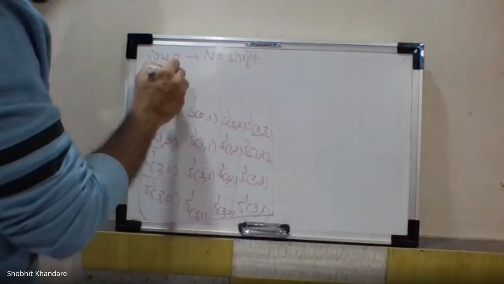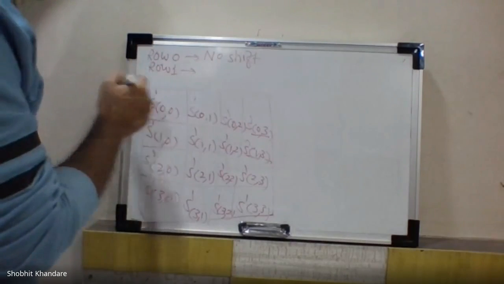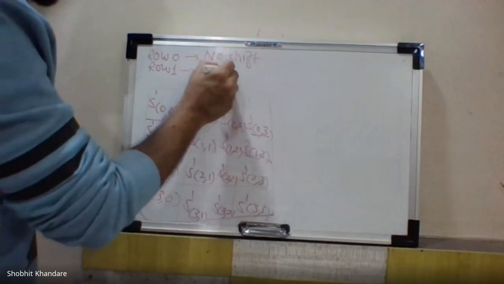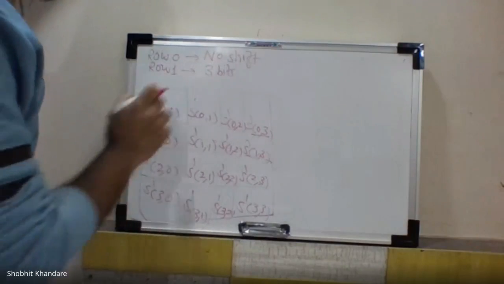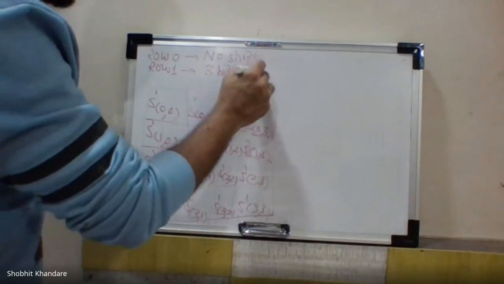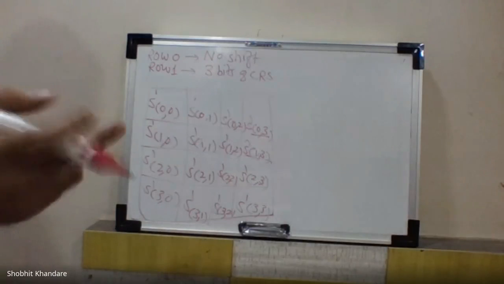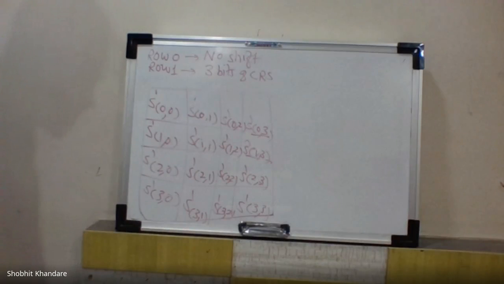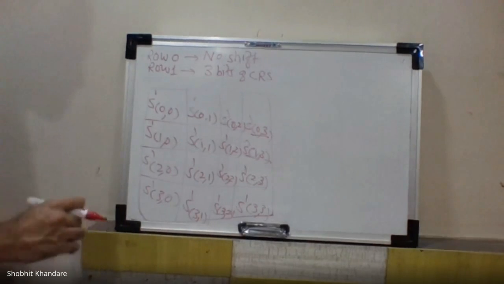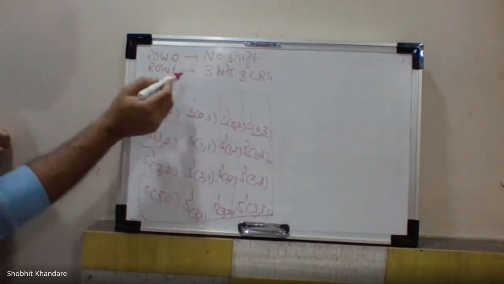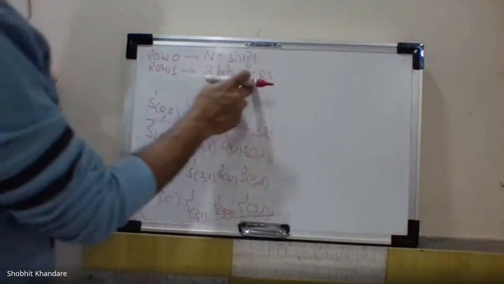As far as row 1 is concerned, there is 3 bits of circular right shift. वो कैसे 3 bits है? I will explain you. Just first write down. As far as row 1 is concerned, 3 bits of circular right shift.